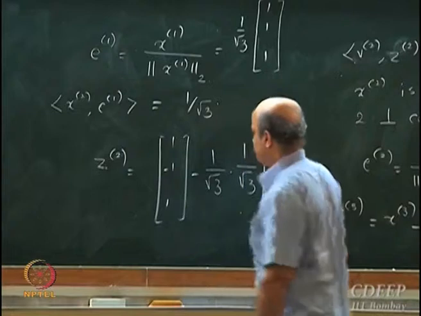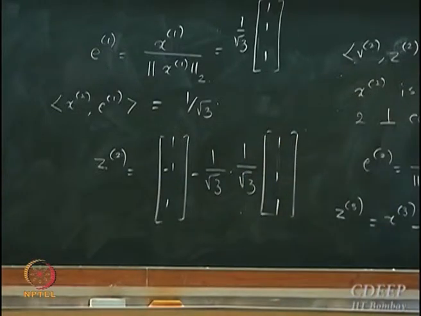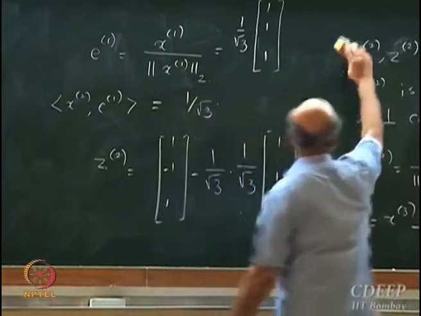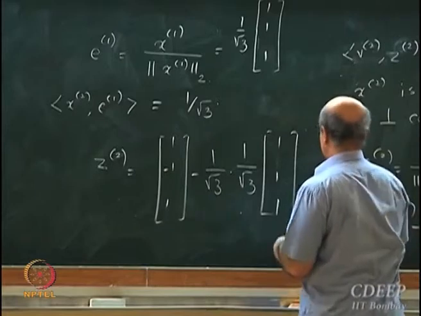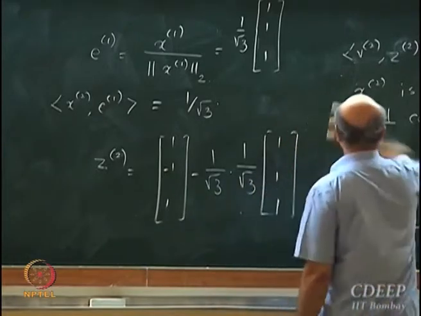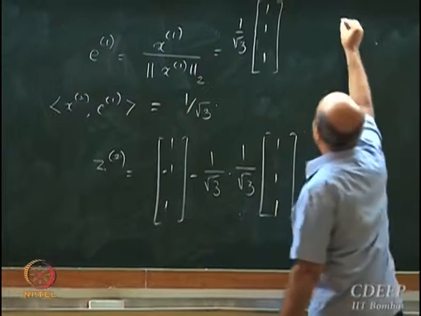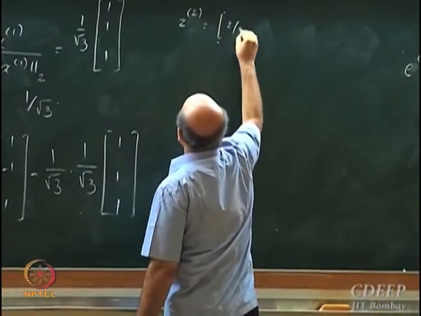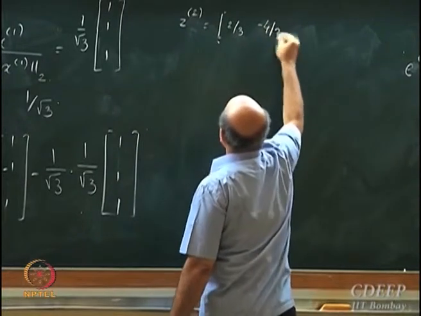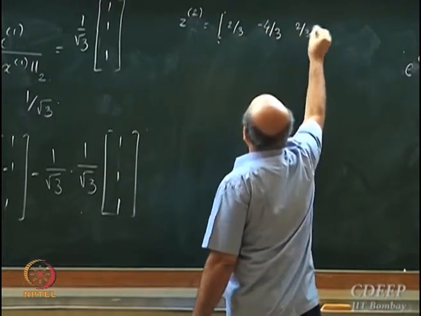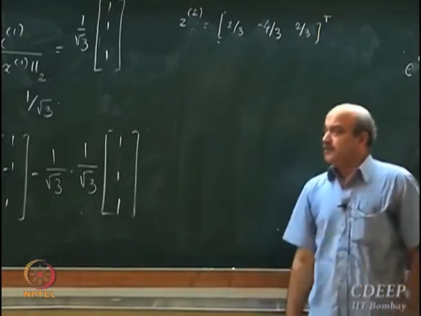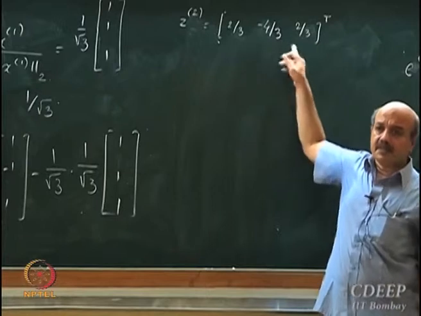So what is this vector? Two third, minus 4 third and 2 third. So z2 is, you said, (2/3, -4/3, 2/3) transpose, right? Okay, so this is my z2.